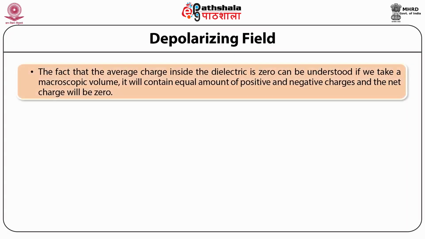The fact that the average charge inside the dielectric is 0 can be understood if we take a macroscopic volume. It will contain equal amounts of positive and negative charges and the net charge will be 0.